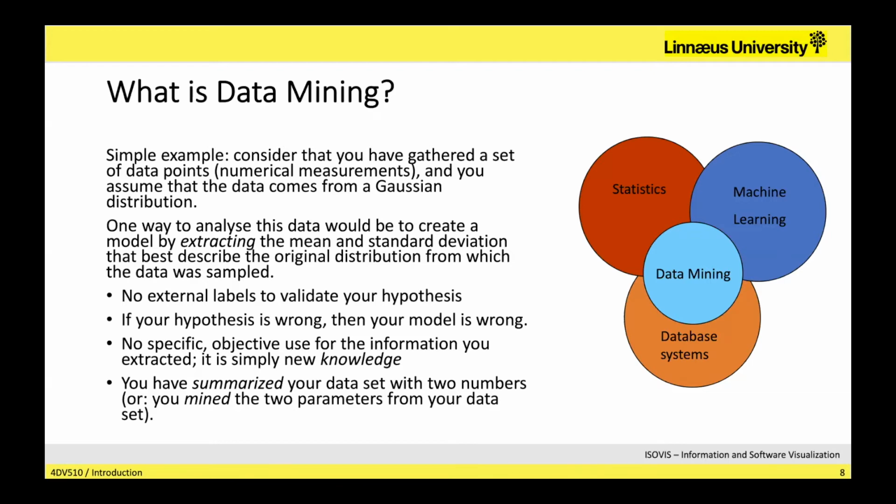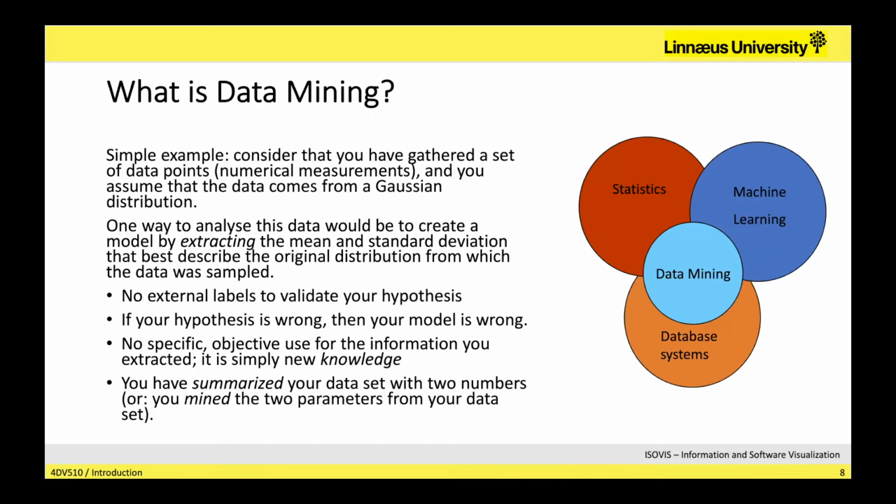But one way to analyze this data would be to create a model, for example, by extracting the mean and standard deviation that best describe the original distribution from which the data was sampled. Now, this is something you can do in machine learning. This is something you can do in data mining. But the idea behind this is that when you do this, you're basically saying, hey, I have a data set, right?